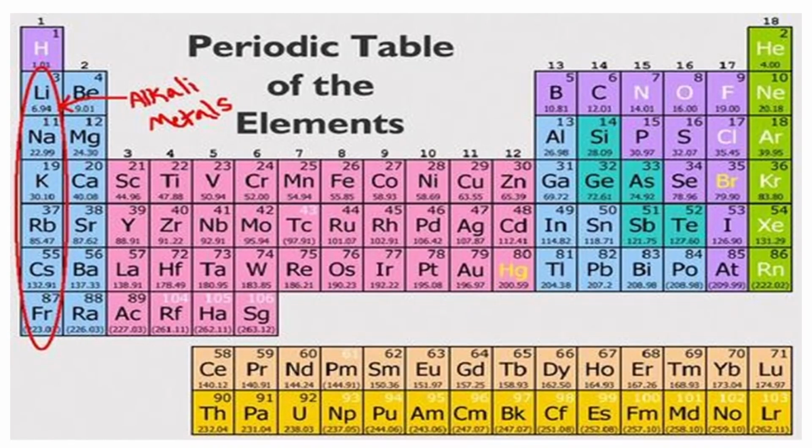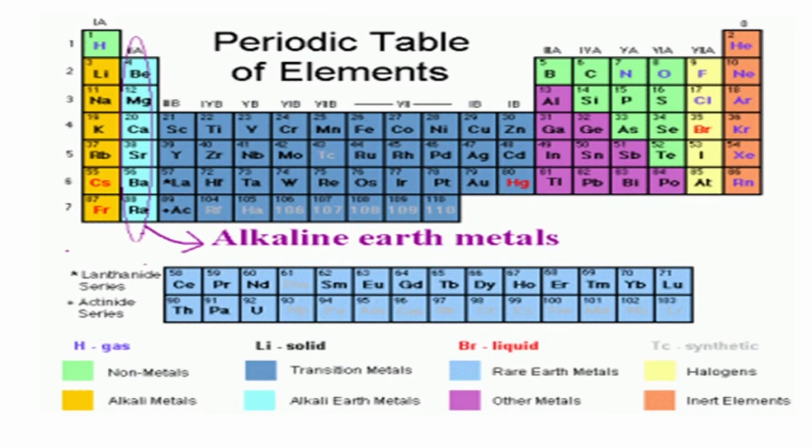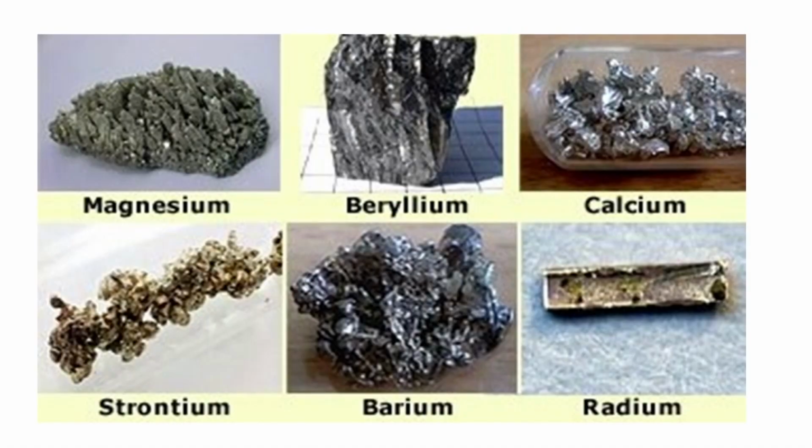Then about the second group. The name of the second group is alkaline earth metals. Well, you know about alkali. Here the word earth was given to oxygen. So why are they called alkaline earth metals? This name comes from the fact that the oxides of these elements produce basic solutions.